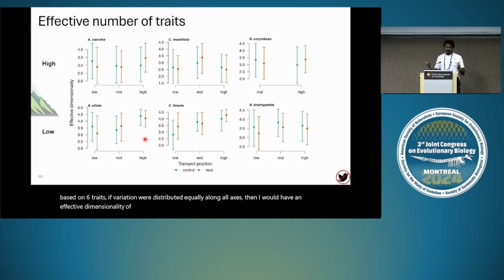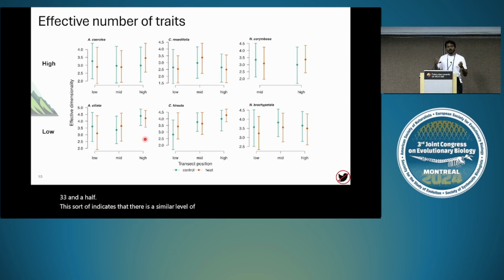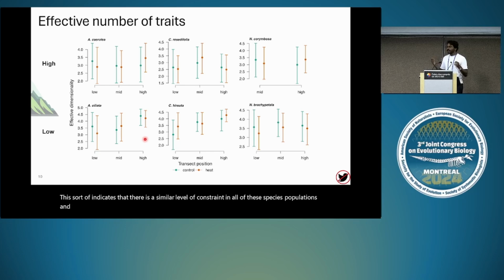However, what you see here is that systematically, no matter what species, treatment, or population it is, you have a much lower effective dimensionality, somewhere around 3, 3.5. This indicates that there is a similar level of constraint in all of these species, populations, and treatments. However, this makes no comments about the orientation of the correlation structures in space.